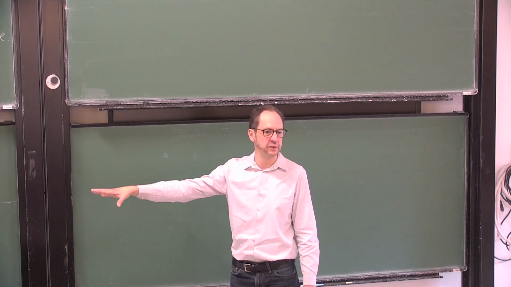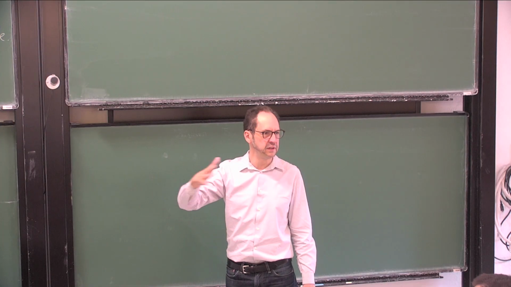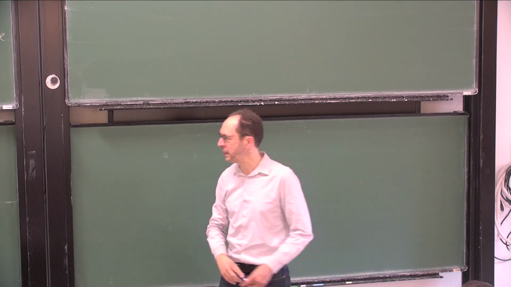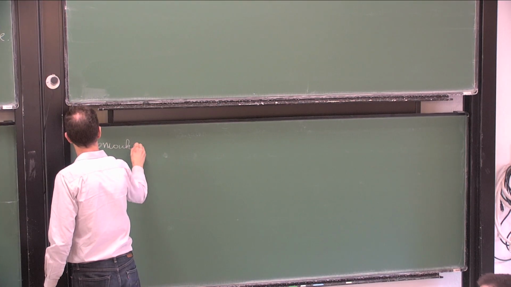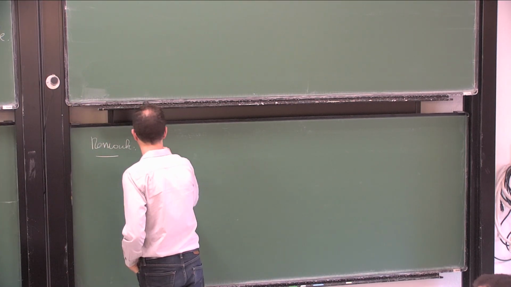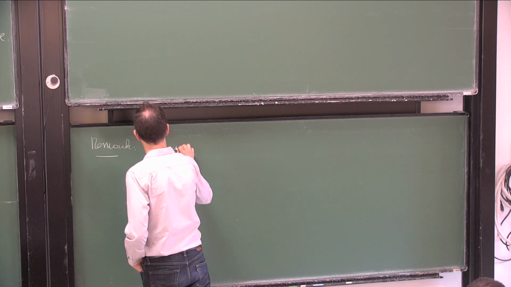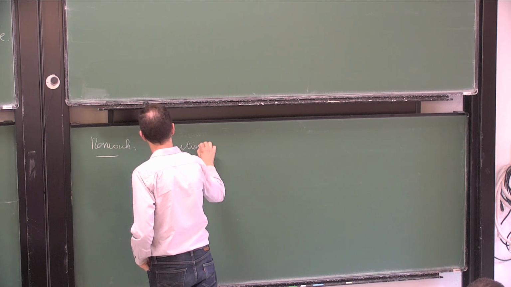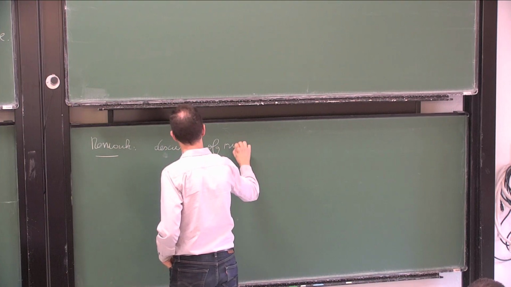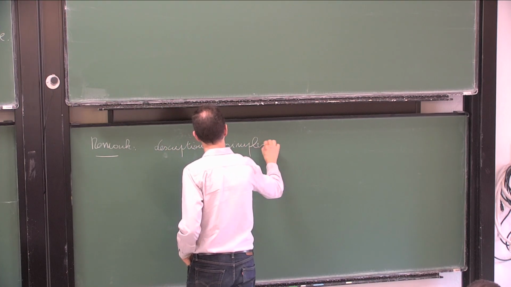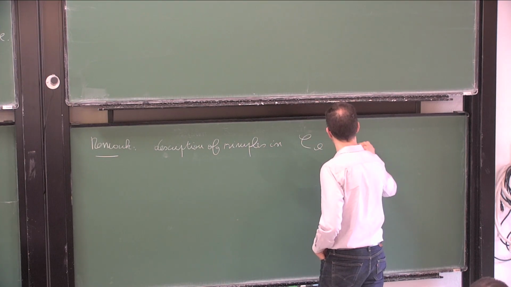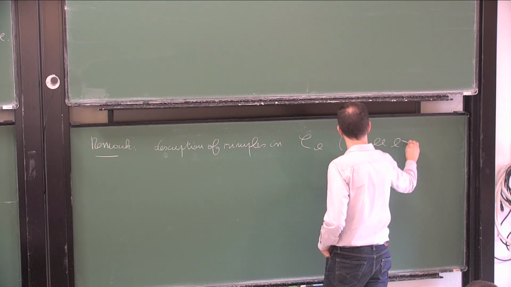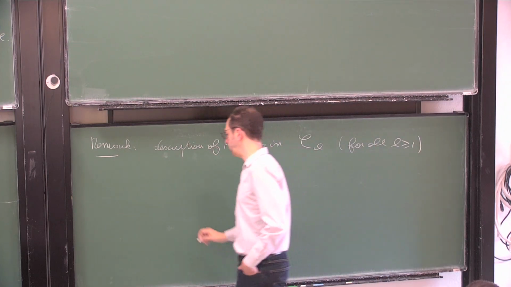So if you understand all simple modules in all these categories CL, then you have an understanding of arbitrary simple modules. In fact, the description of all categories CL is sufficient.